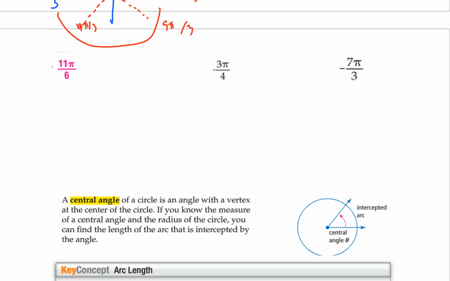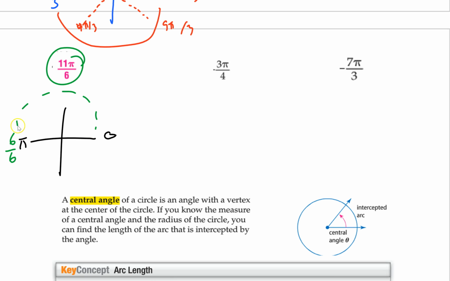So let's draw these to make sure we know how to do this. This first one here, 11 pi over 6. Here's 0, here's pi. 11 pi over 6, well, I'm going to make this 6 over 6, common denominator. That makes this would have been 5, this would have been 7. I've got to get all the way up to 11. So this is 6 over 6.